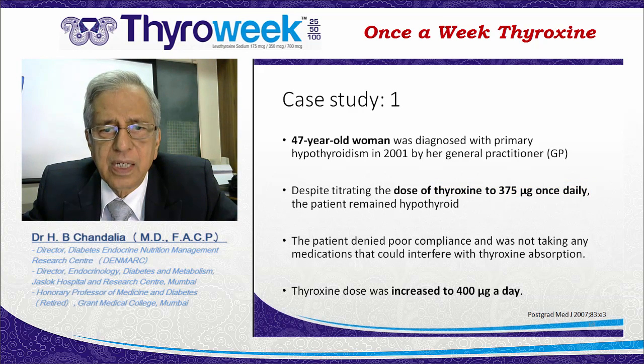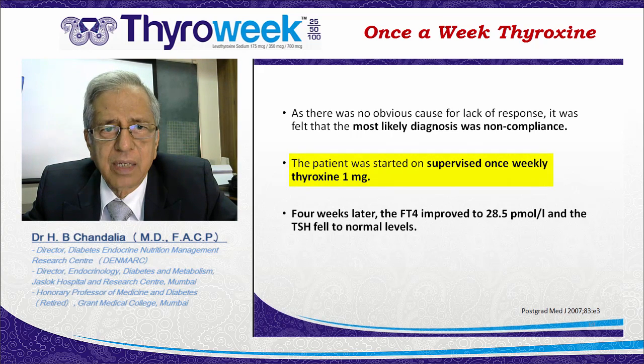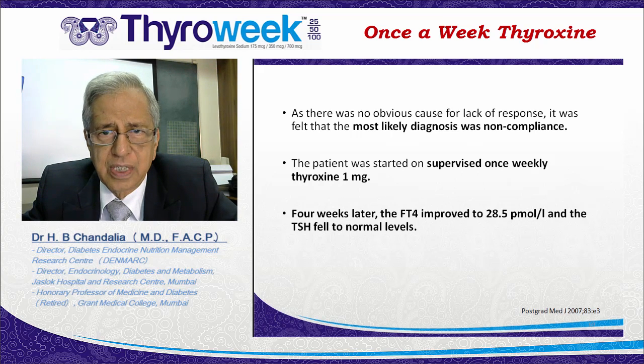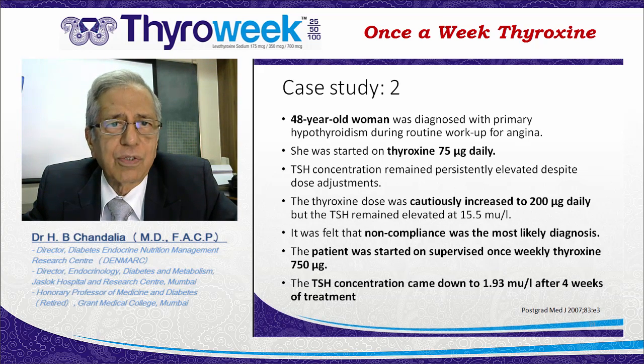However, when weekly treatment was undertaken, you see this person settled down at a much lower dose of 1 milligram in a week. It works out to about 0.13, that is 130 microgram every day, and you can see that the non-compliance issue was resolved.